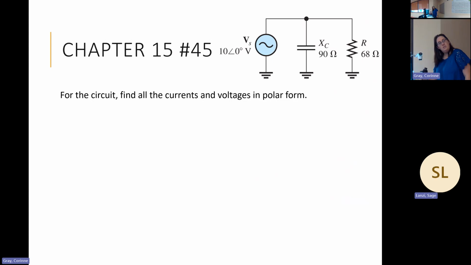So we find the current by putting in system values. We should be able to figure out the current.